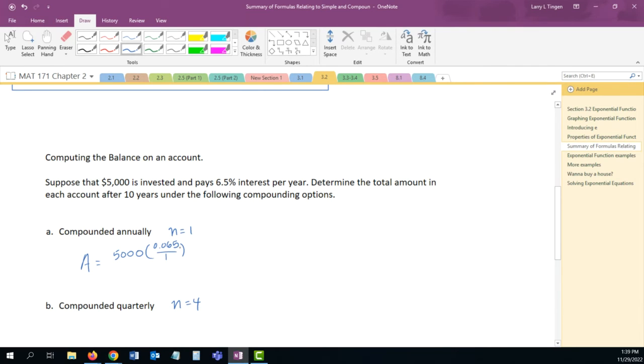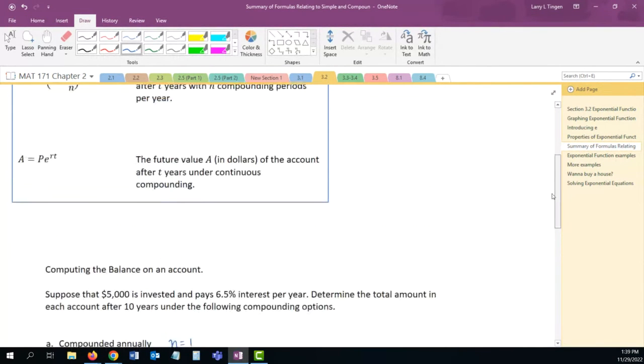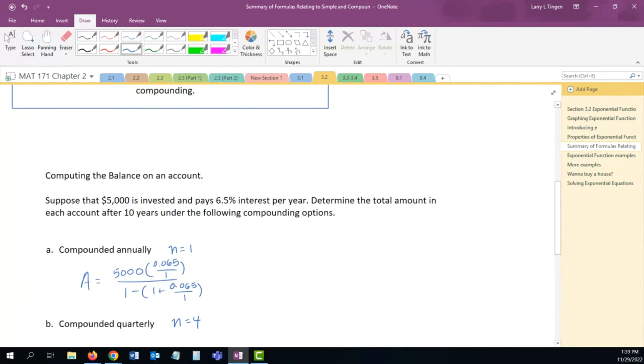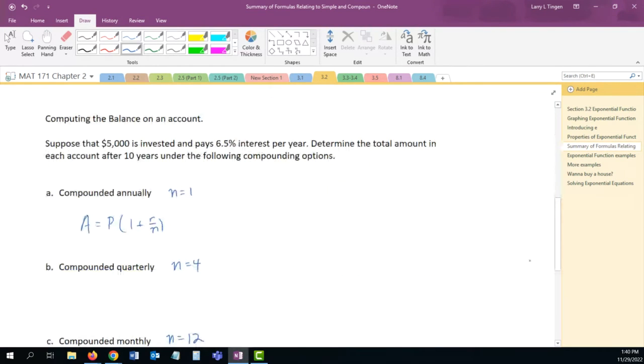So I have to convert the percent to a decimal. Oh, I'm doing the monthly equation. Try that again. Principal times 1 plus the rate over n raised to the nt.